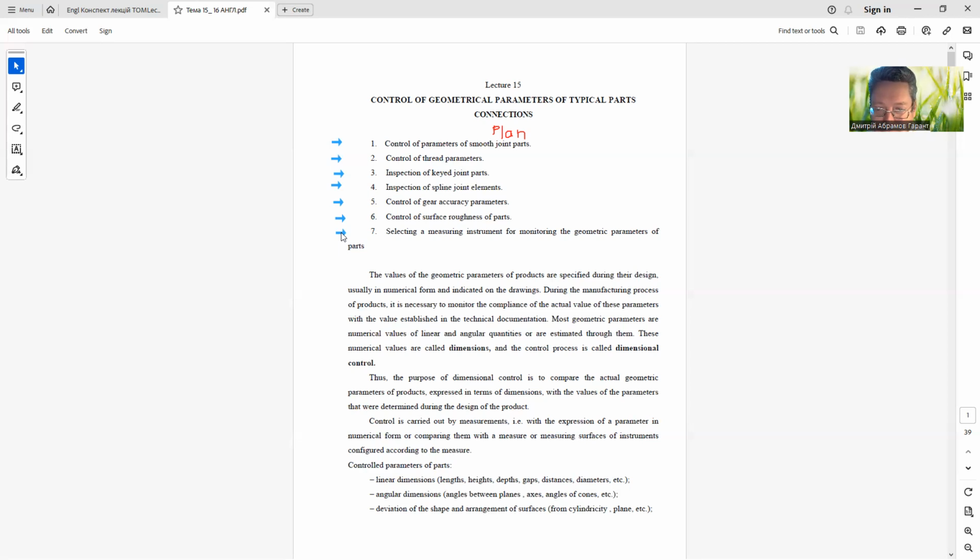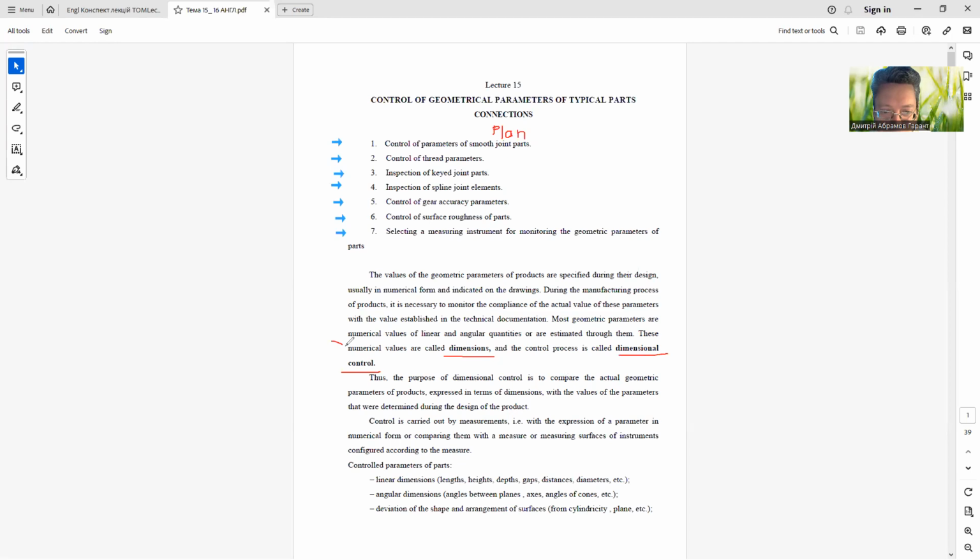Most geometric parameters are numerical values of linear and angular quantities or are estimated through them. These numerical values are called dimensions, and the control process is called dimensional control.